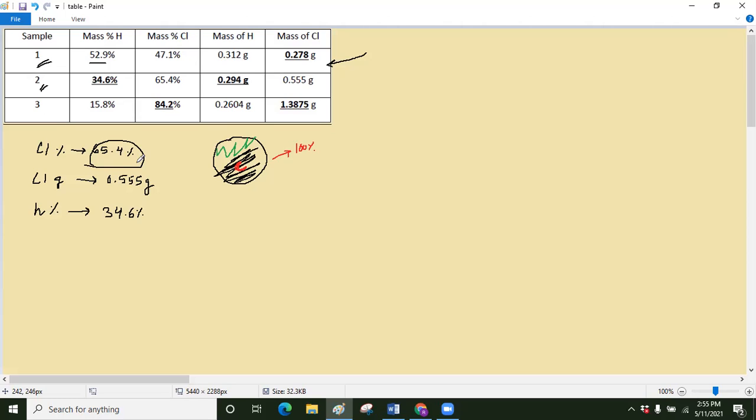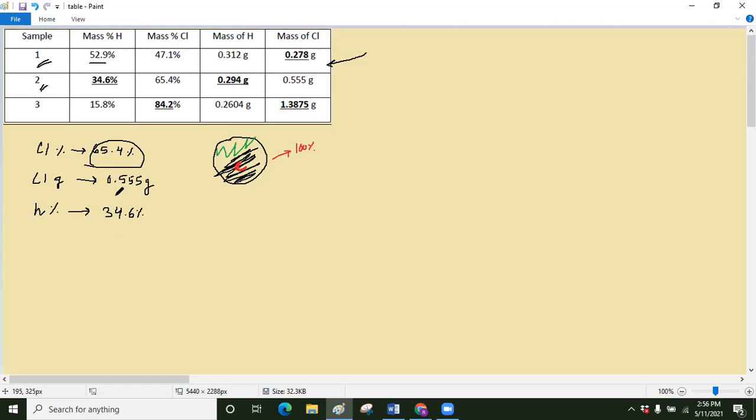We know the percent, but we want the mass. Now, if you remember in the first example, what we did was we made a ratio between the percentages, and we moved our way up from there by using conversion factors.